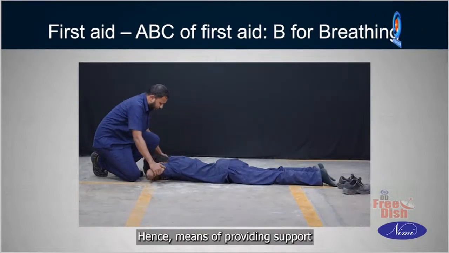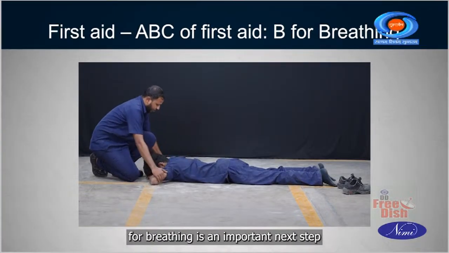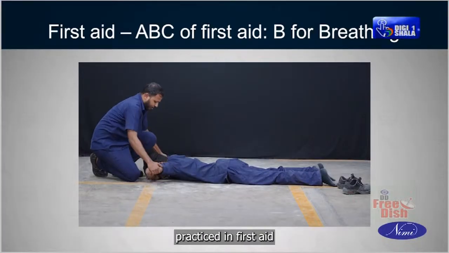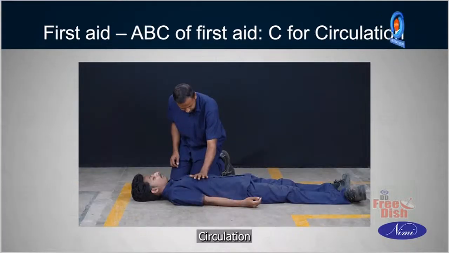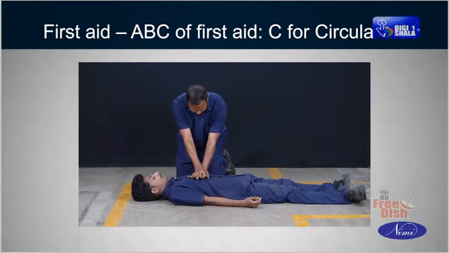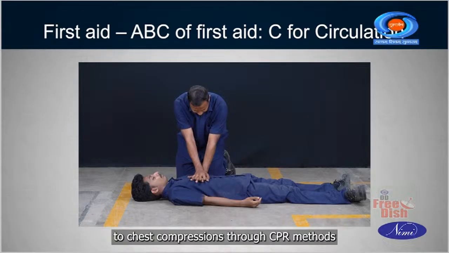Hence, means of providing support for breathing is an important next step. There are several methods practiced in first aid. Circulation. Blood circulation is vital to keep a person alive. First aiders now train to go straight to chest compressions through CPR methods.